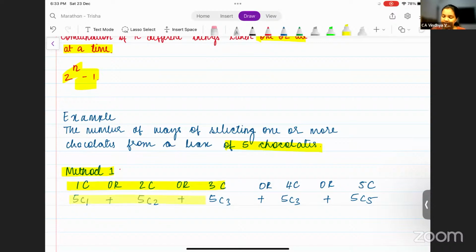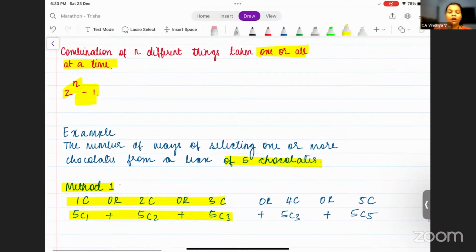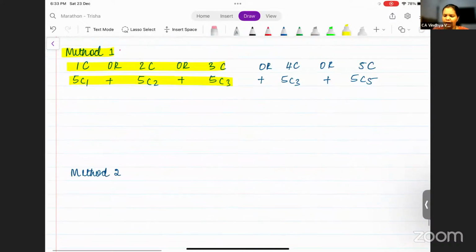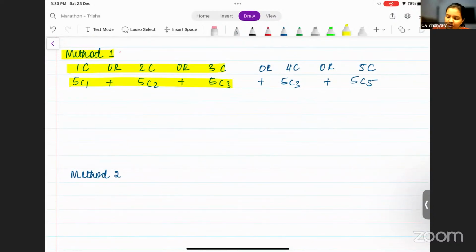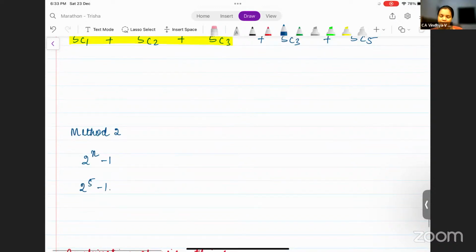Yes, 5C1, 5C2, 5C3, wherein the formula cannot be used. The formula can only be used when it is 1 or all. Method 2 is nothing but using the formula. The formula is 2 to the power n minus 1. 2 to the power 5 minus 1. I hope this is clear.